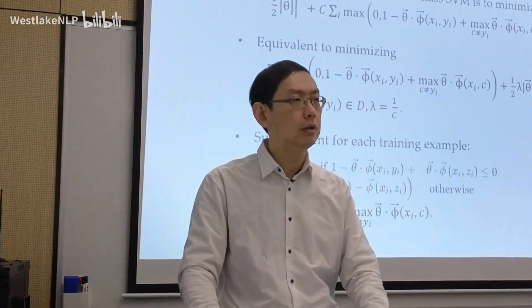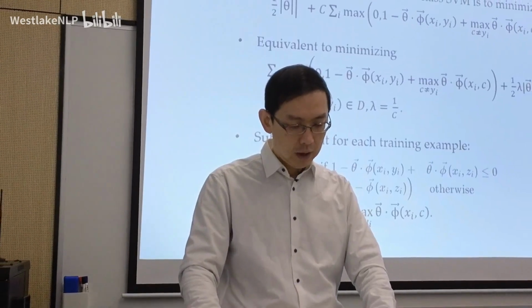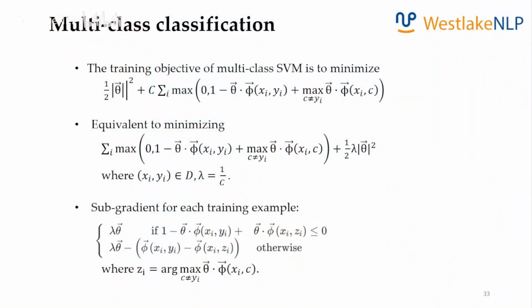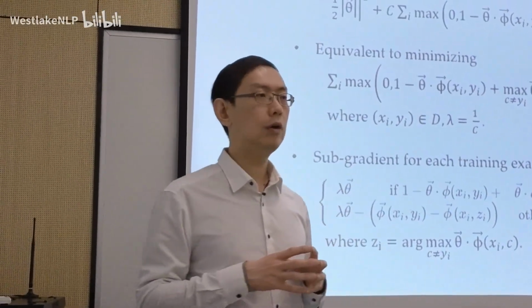Let's go to the multi-class classification case. Again, the features are not x only now, but it's x and y. And the objective function is a half of theta squared plus c times the sum of max 0, 1 minus theta dot phi xy plus the maximum y, the highest scored y, theta dot phi xy. So what is the second half? The second half is again the score violation.